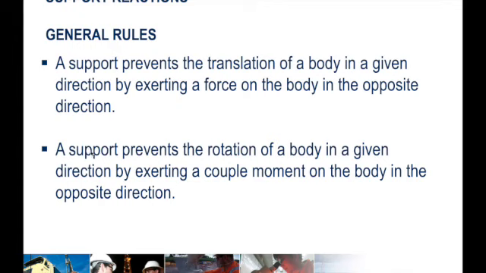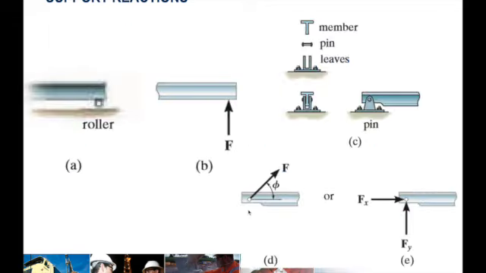And number 2, the support prevents rotation. So it prevents translation and it prevents rotation of a body in a given direction by exerting a couple moment on the body opposite the direction. So let's examine some forms of external support reactions. We have a roller, we have also a pin, and others as well.